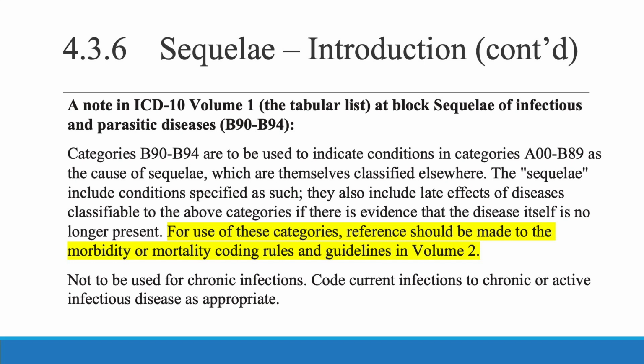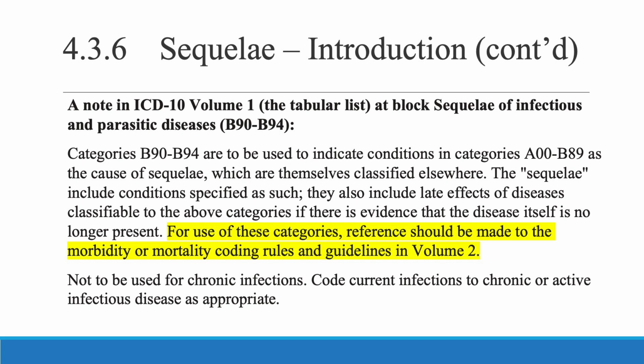The sequela include conditions specified as such. They also include late effects of diseases classifiable to the above categories, if there's evidence that the disease itself is no longer present. For use of these categories, reference should be made to the morbidity or mortality coding rules and guidelines in Volume 2.